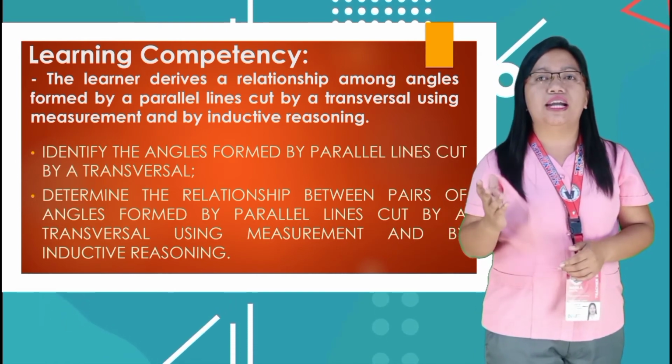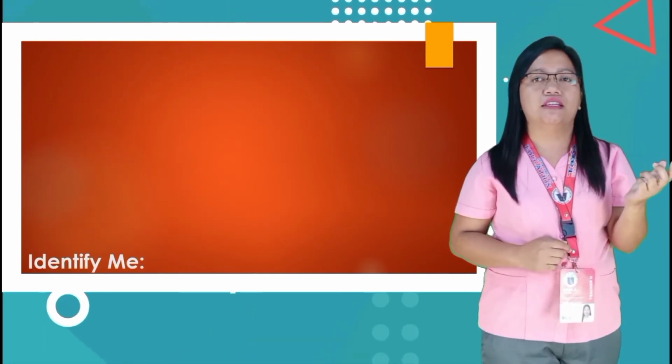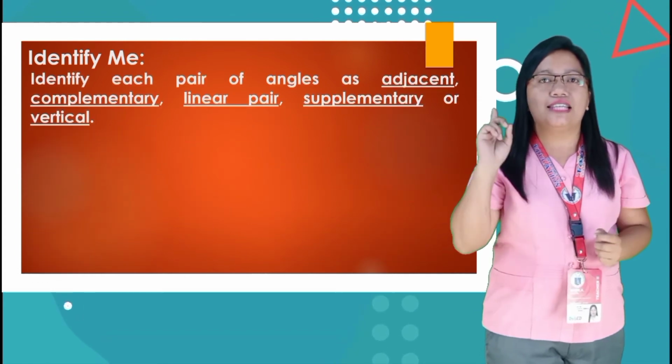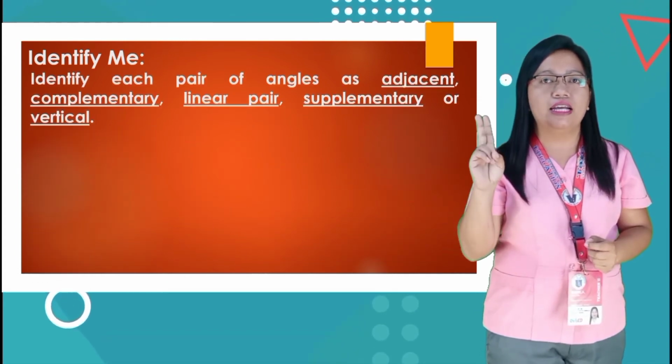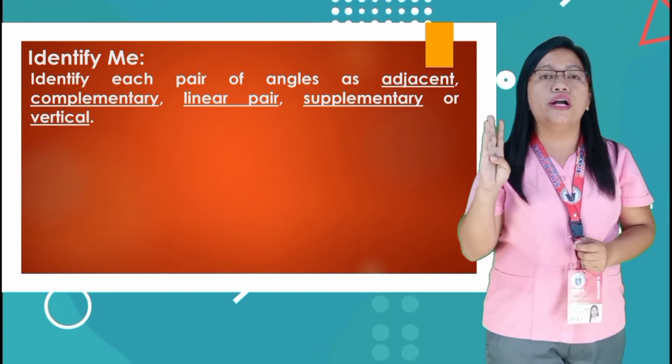Before we proceed to our lesson, let us first identify each pair of angles. If it is adjacent, complementary, linear pair, supplementary, or vertical.